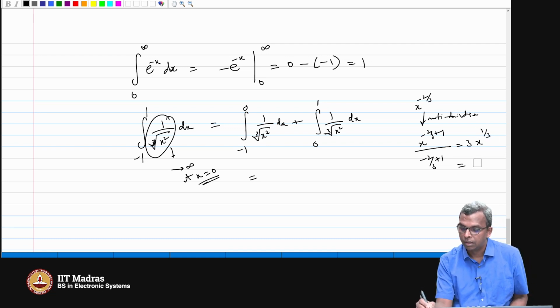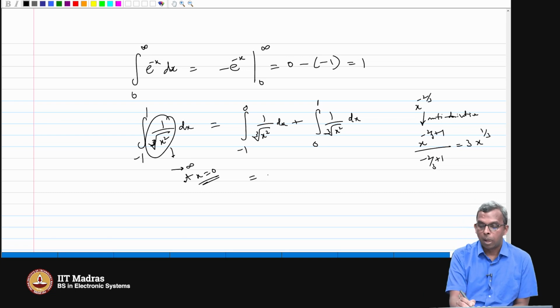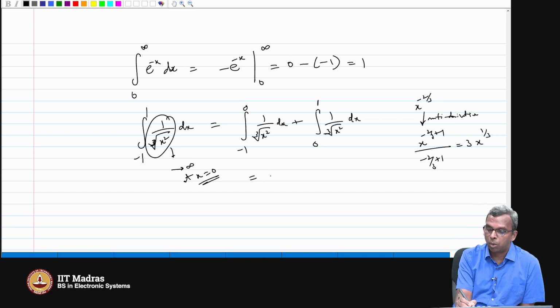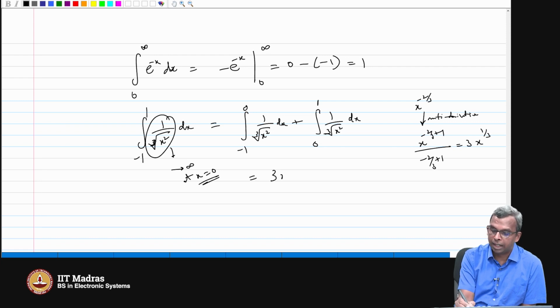I hope I got this right. Yeah, 3 times x power 1 by 3. I have to evaluate that between minus 1 and 0. And then you also have the same 3 times x power 1 by 3 evaluated between 0 and 1.